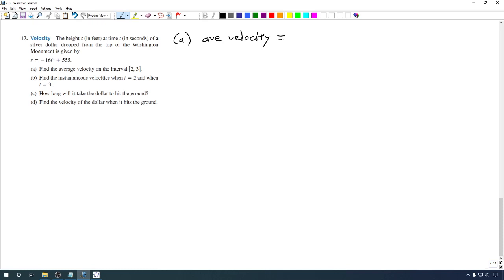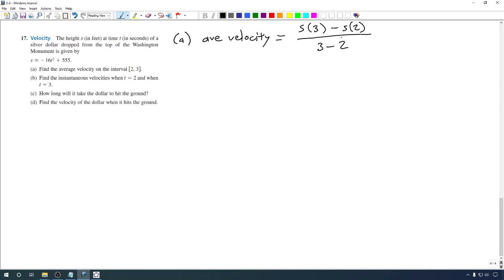Of course, that just means that we're going to take the value of our function at 3 minus the value of the function at 2, divided by 3 minus 2. This is the difference in our s values at the endpoints of this interval over the difference in our t values, our t values going from 2 to 3.